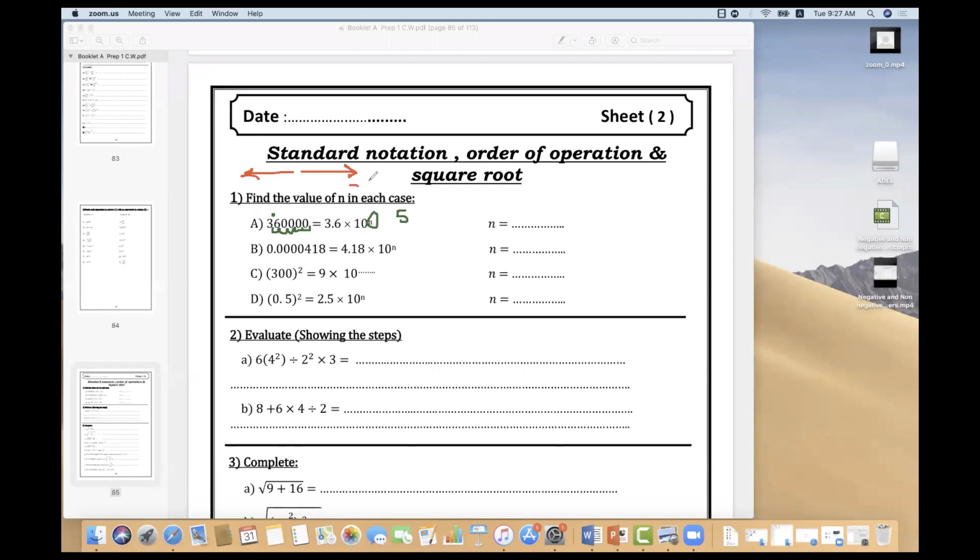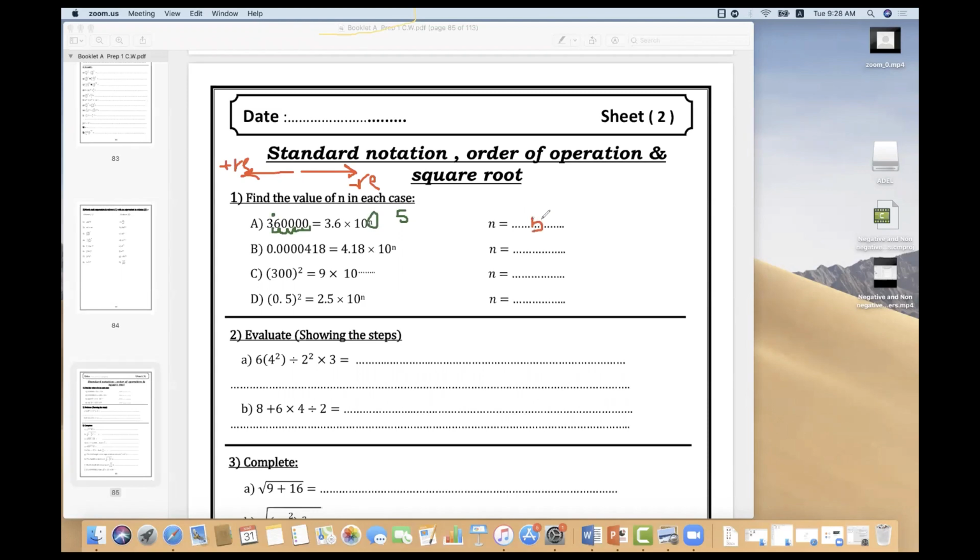So this is the negative power and this one will be the positive power. I'm moving into the left direction, so my power should be positive. So n will be 5.